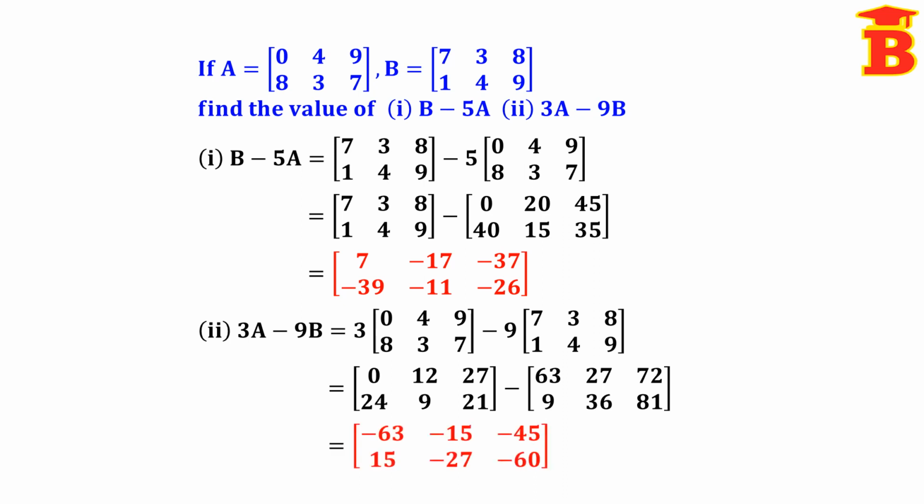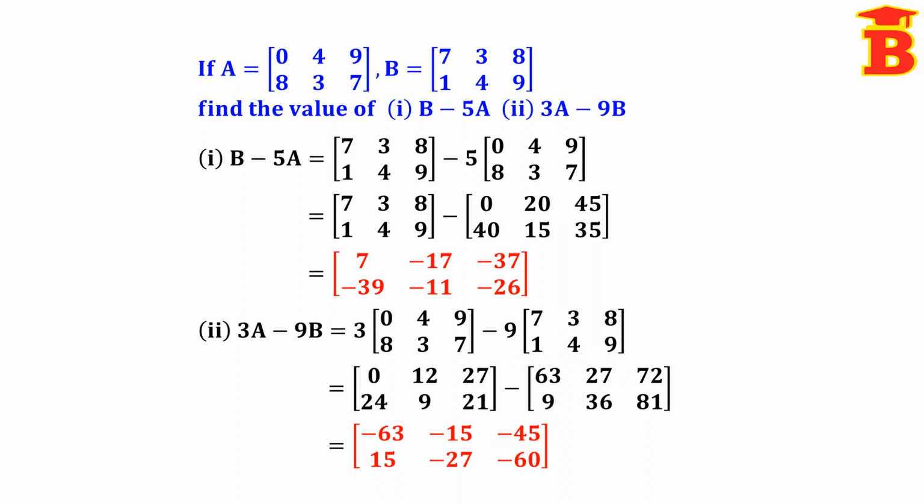Now we have to subtract these two. Take the first row and subtract the first row elements. 0 minus 63, minus 63. 12 minus 27, minus 15. 27 minus 72, minus 45.